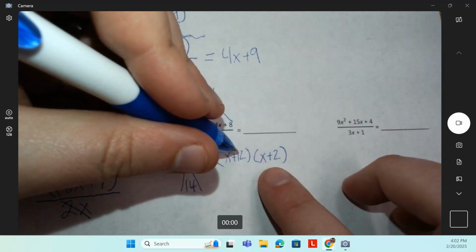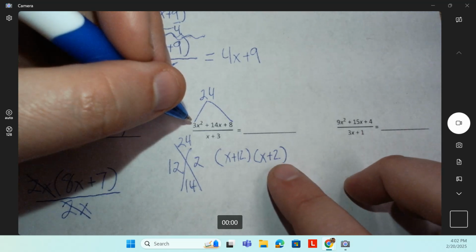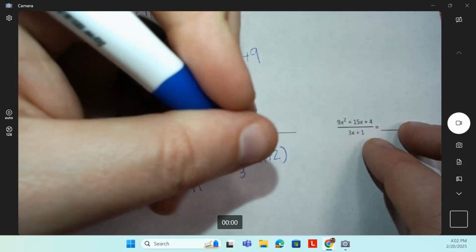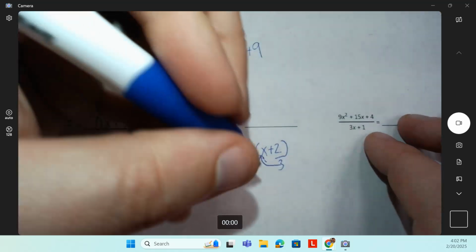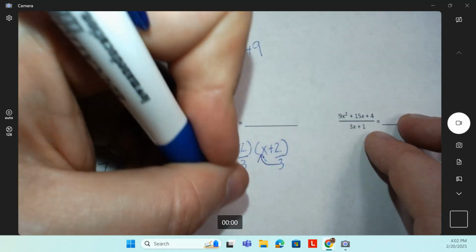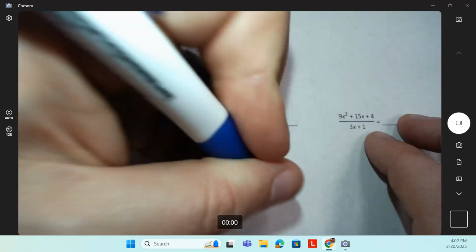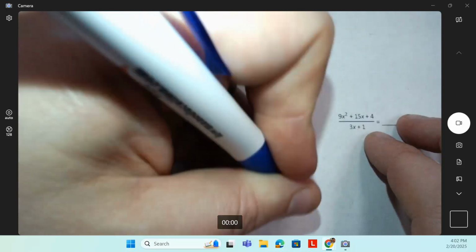Remember my quick check of multiplying the x's together. That doesn't give me 3x squared. So I need to divide a 3x out from there. That's going to hop up here with this one to give me x plus 4 times 3x plus 2.